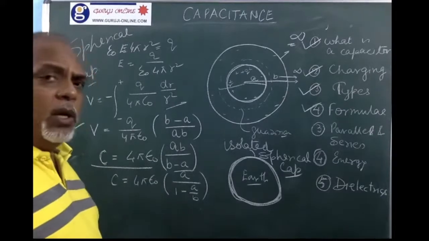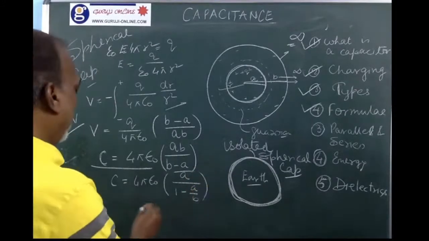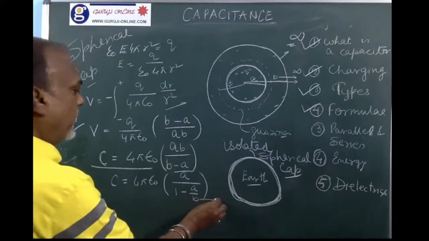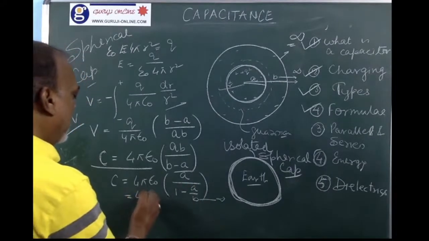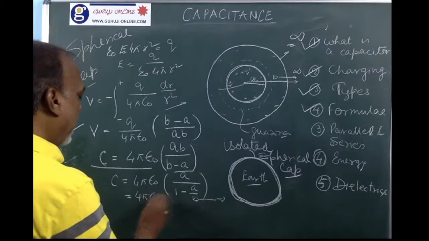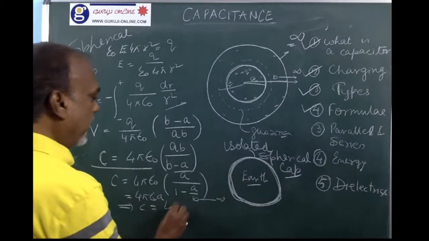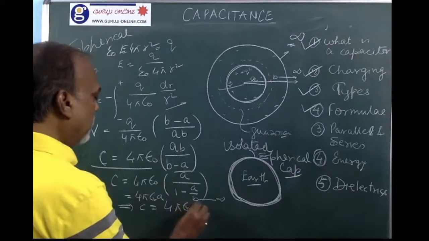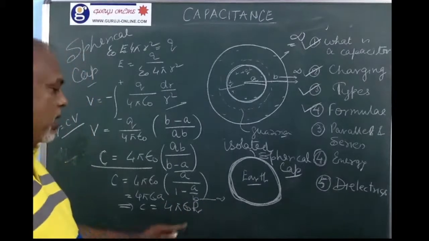Now B is going to infinity. This going to infinity means what will happen? This will be nothing but 4 pi epsilon 0 A, or we can write it as C is equal to 4 pi epsilon 0 R. What is R?